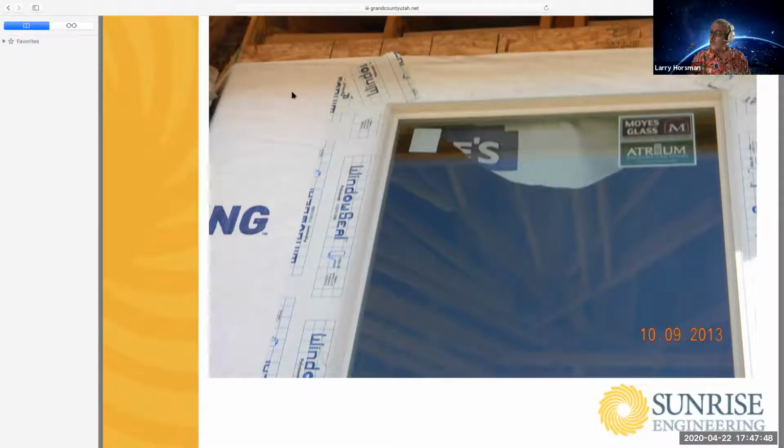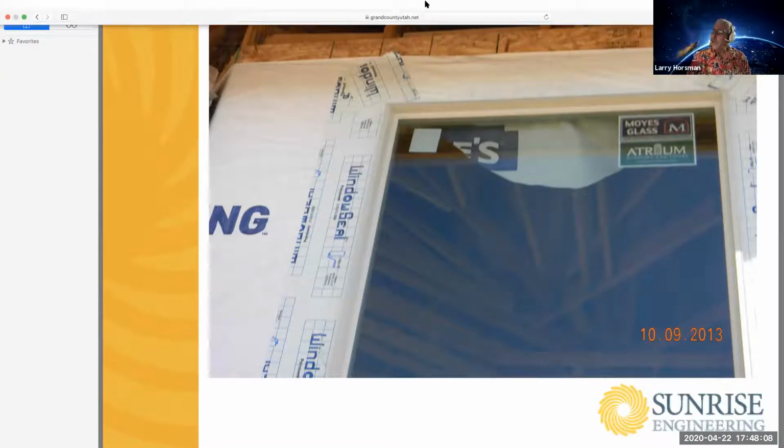So here they're using a proprietary flashing around the window. So normally we do this shingle style. The bottom goes on first, the sides go on and lap over the bottom, and then the top typically comes across and goes over. Here this little patch, I think, is because they have to cut out for the house wrap that they're using.